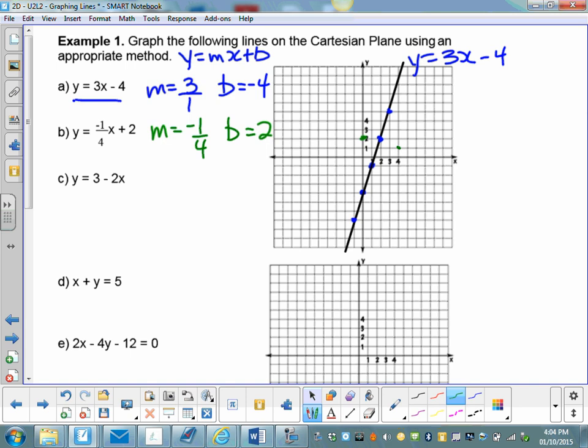That's going to go through that point there. So I'll do my line through those points. Not even close. Let's try this and line these guys up a little better.